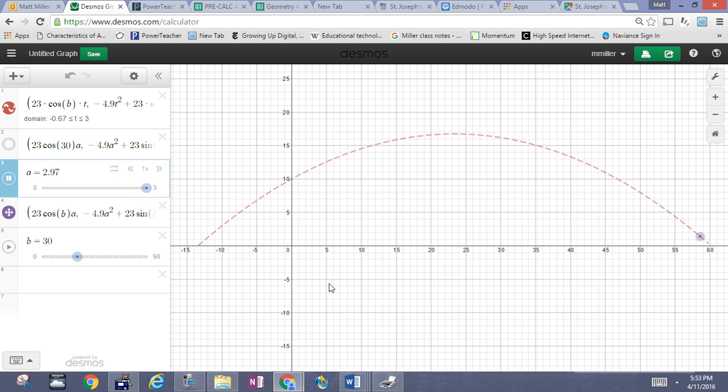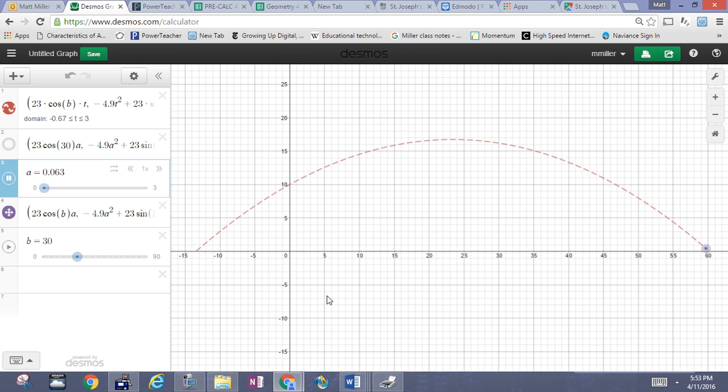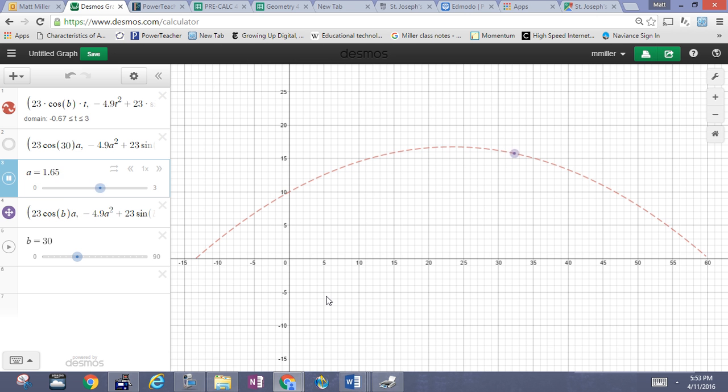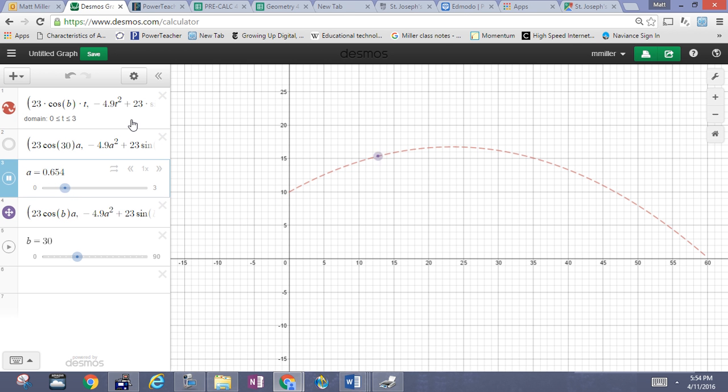When you're solving, the quadratic formula does not know the application, does not know that the variable you're solving for is t. So you have to use your own discretion and intellect to determine that. So we are then limiting this to 0 to 3, because that's the path.